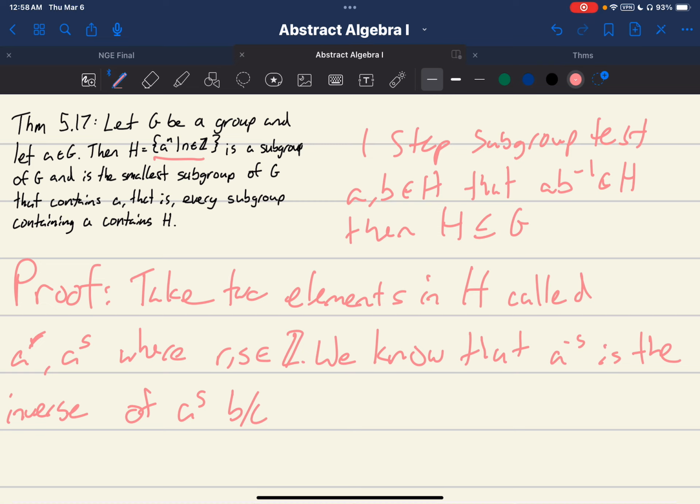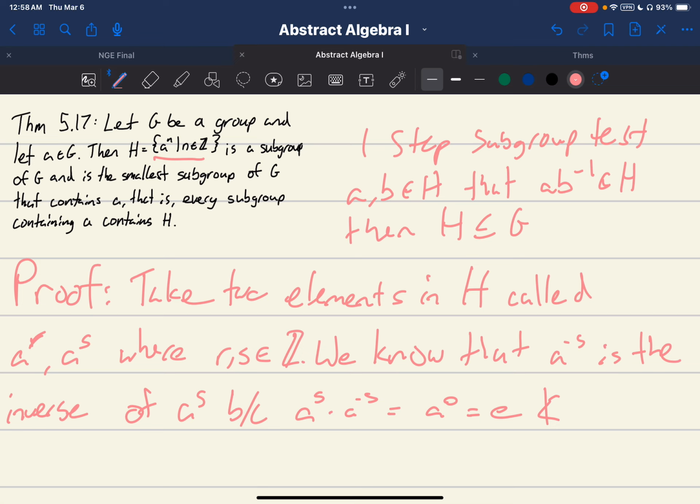I'm being very extra here, being pedantic. A lot of this doesn't need justification, but I find that you learn more if you do it this way. Anyway, a to the negative s is the inverse of a to the s because a to the s times a to the negative s equals a to the 0 equals e.